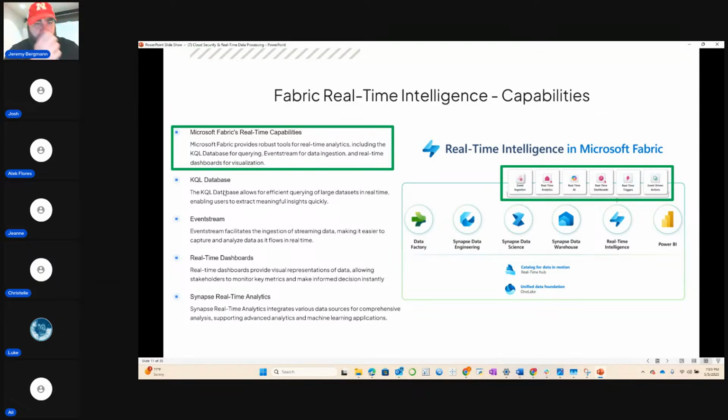That's the KQL database. I keep talking about that. That's like a language. It's a querying language. Think of it similar to SQL, but it's not for relational databases. It's really for processing data sets in real time. So streaming data is often like ones and zeros.